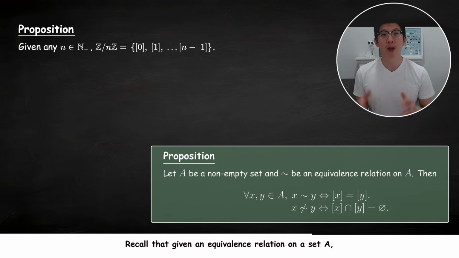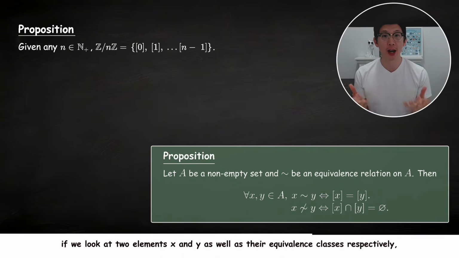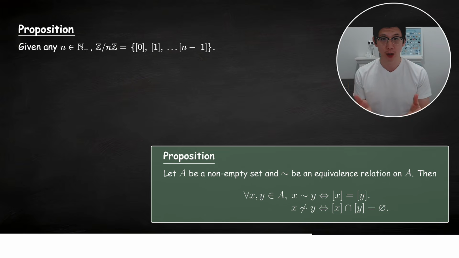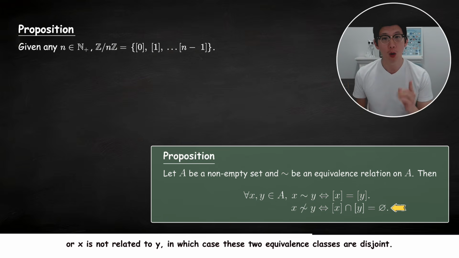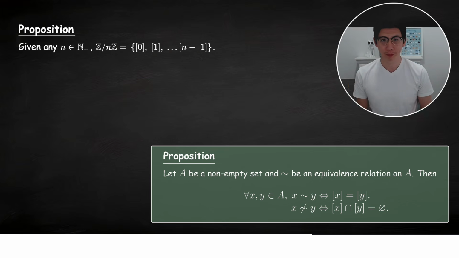Recall that given an equivalence relation on a set A, if we look at 2 elements, x and y, as well as their equivalence classes, respectively, there are 2 possibilities. Either x is related to y, in which case these 2 equivalence classes are identical, or x is not related to y, in which case these 2 equivalence classes are disjoint.